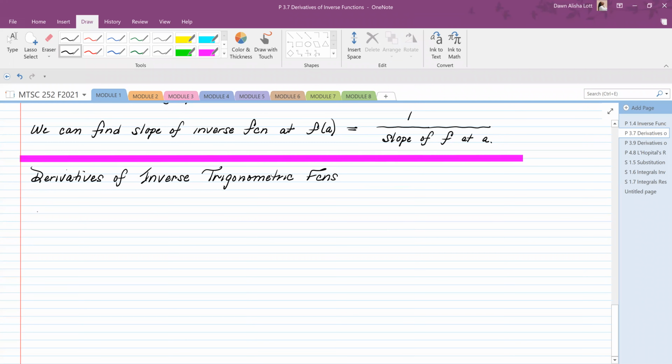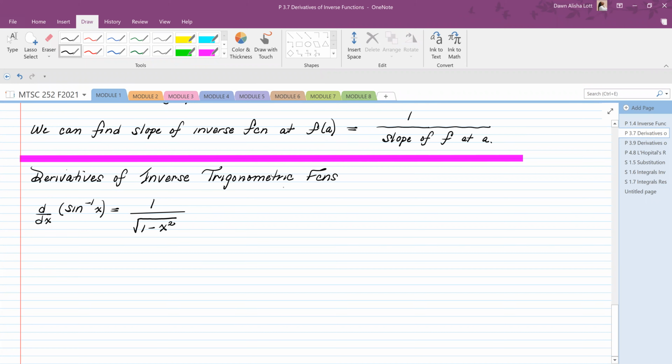So the derivative with respect to x of sine inverse of x is 1 divided by the square root of 1 minus x squared.